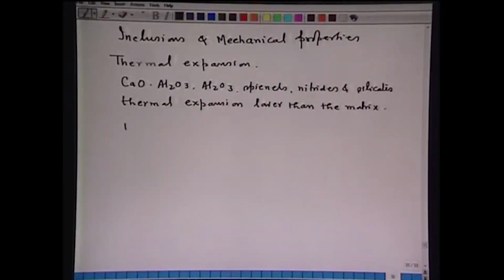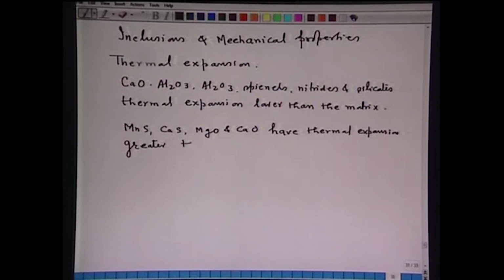Another extreme is, for example, inclusions like manganese sulphide, calcium sulphide, MgO and CaO, which have thermal expansion greater than the matrix.